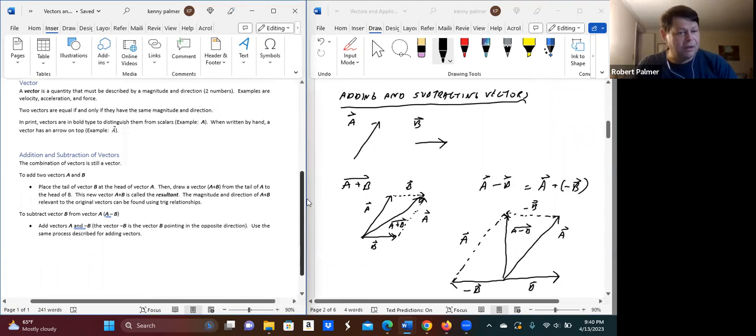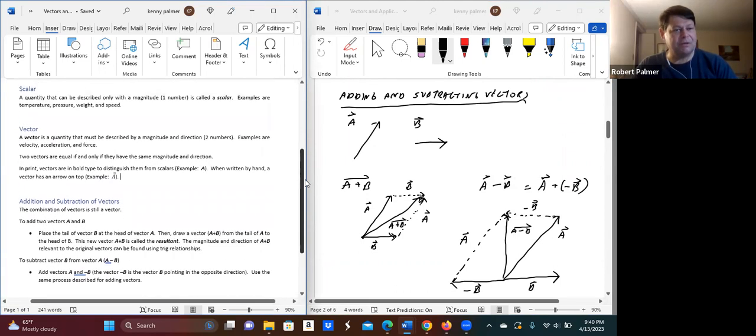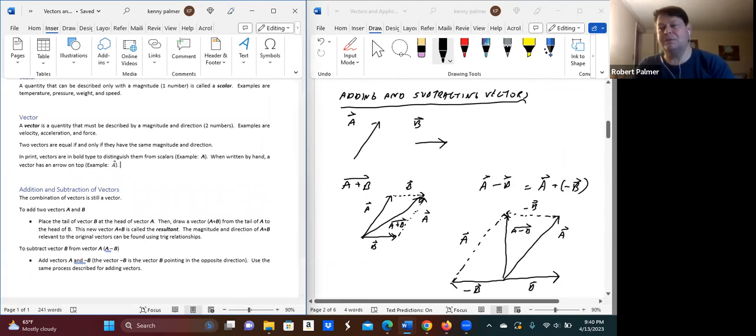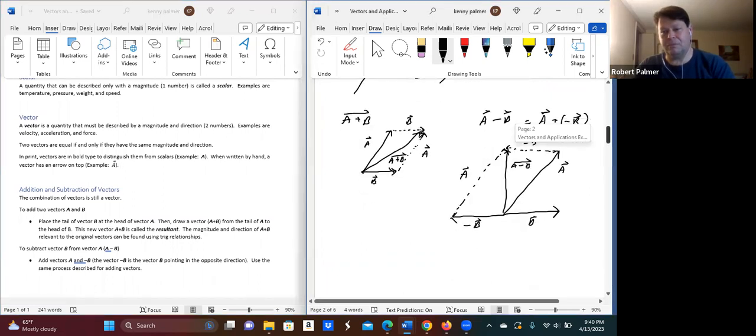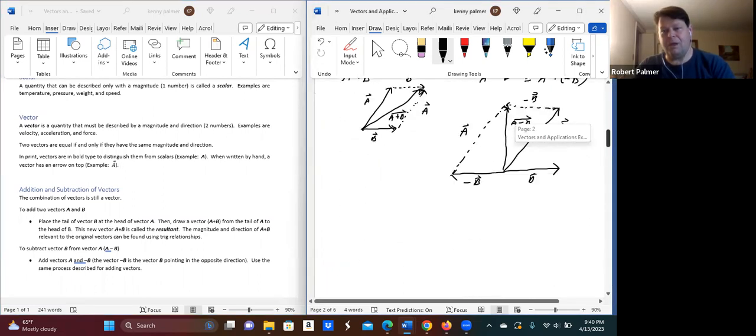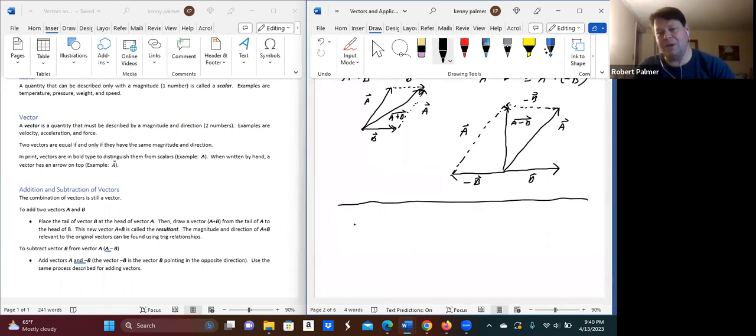Okay, let's see what else I need to mention. So vectors, then also adding, subtracting. Let me say one more thing about vectors. Let's say once again we have vectors A and B. So let's talk about what's called the magnitude and direction. I mentioned that. Let's define it a bit more.